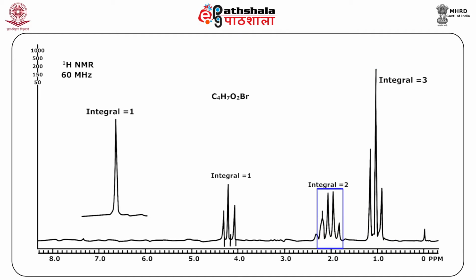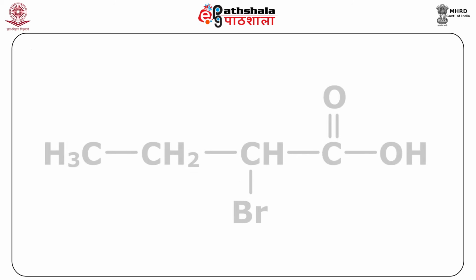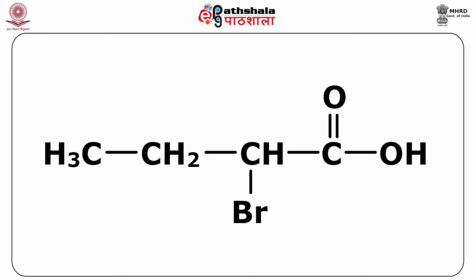A multiplet at 2.1 ppm for 1 hydrogen is due to the CH group. Hence, the structure works out to be CH3CH2CH, which is in turn connected to a bromo group and a carboxylic acid group.